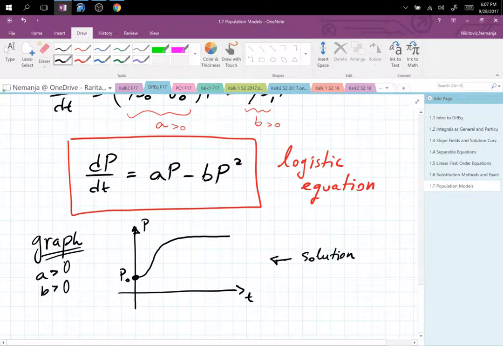You have initial population, you have explosion in population over time, and then all of a sudden, competition for food, competition for energy, competition for space to live, and that competition could be just, let's not have more kids, or it could be worse. It doesn't matter. It's just that population at that point is not changing rapidly.